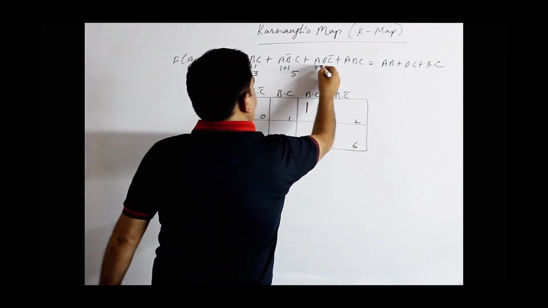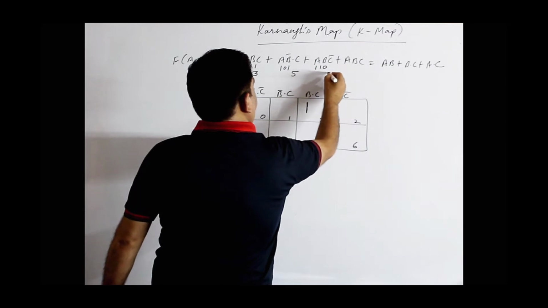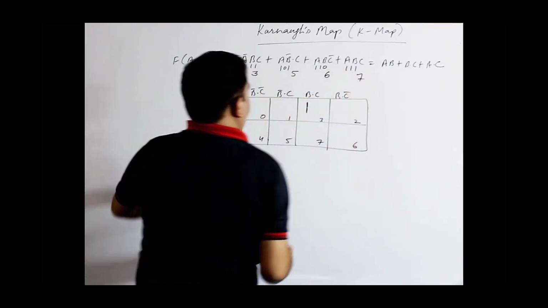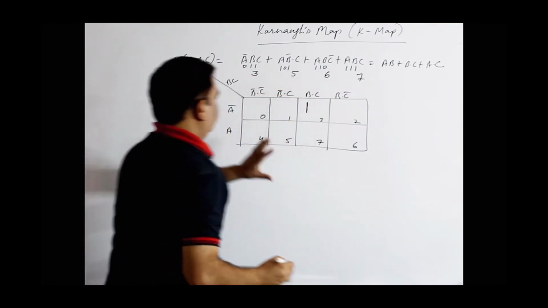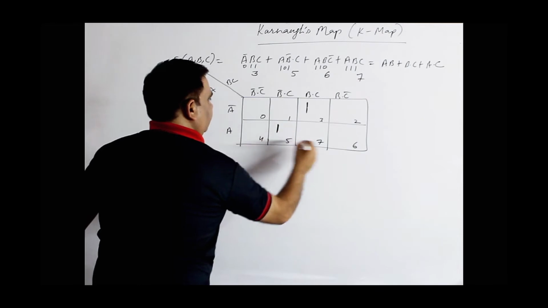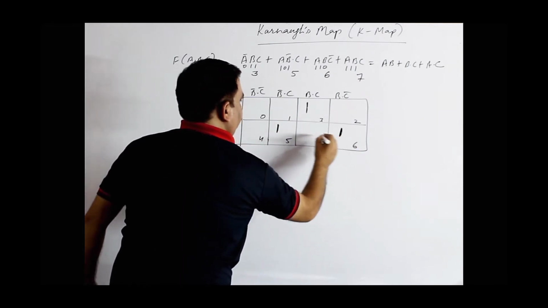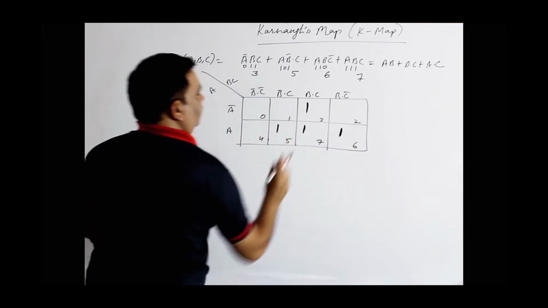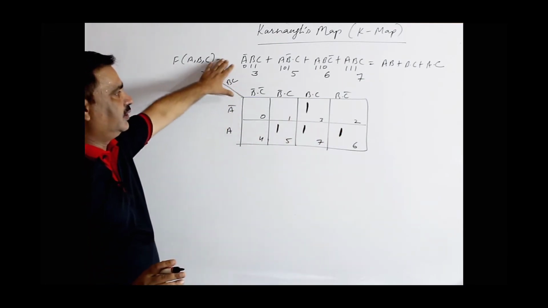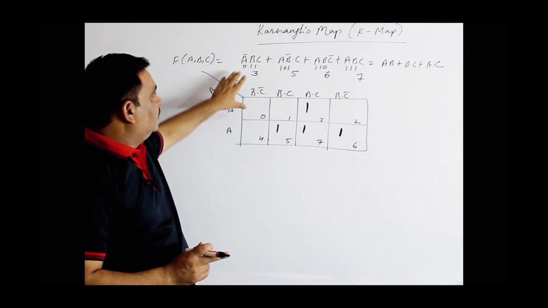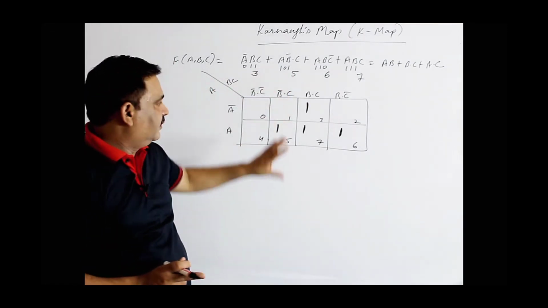Here 1, 1, 0, it is 6. 1, 1, 1, it is 7. So, 3, 5, 6, 7, fill with 1. So, these are the 4 columns which we have filled according to this expression. Remember, you have to fill 1 for the SOP expressions.